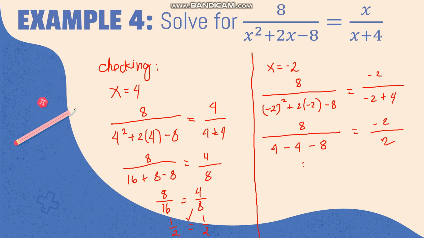So we have 8 over 4 minus 4 is 0, minus 8, so negative 8, equals negative 2 over 2. If we simplify both sides, we will get negative 1. So it's true. Since after substituting the values of x into the given rational equation both are satisfied, that means x equals 4 and x equals negative 2 are considered solutions of the given rational equation.